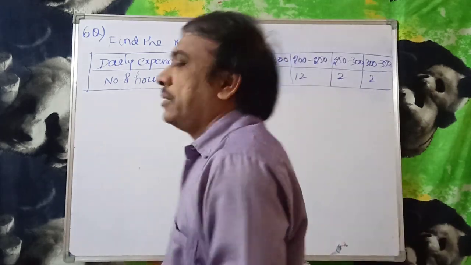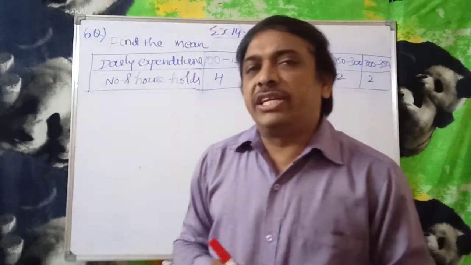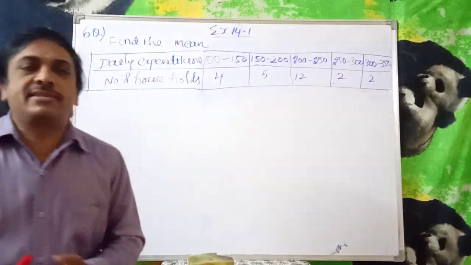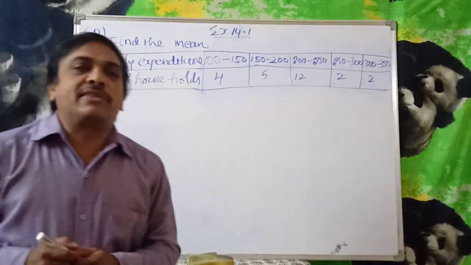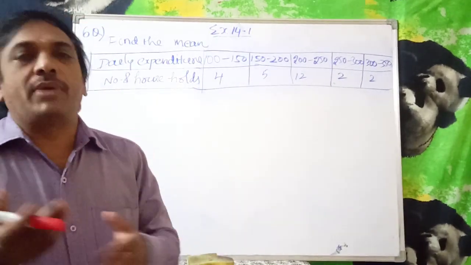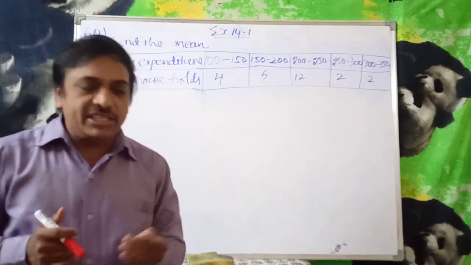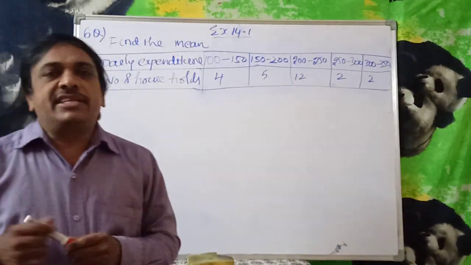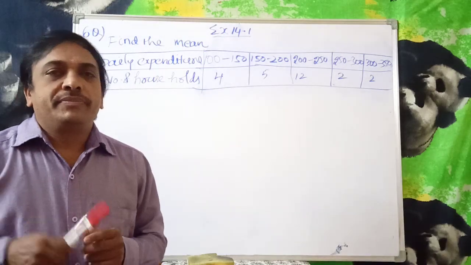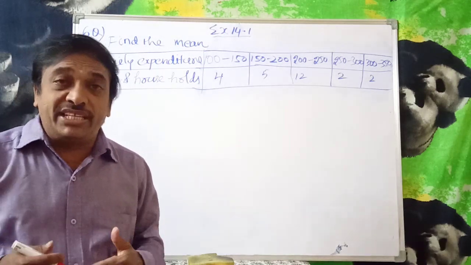Now we see exercise 14.1 question number 6. Question number 6 is a survey of daily expenditures of some households. Everyone look into the textbook. Exercise 14.1 question number 6, we already finished.